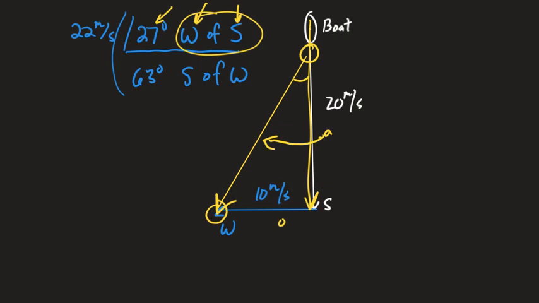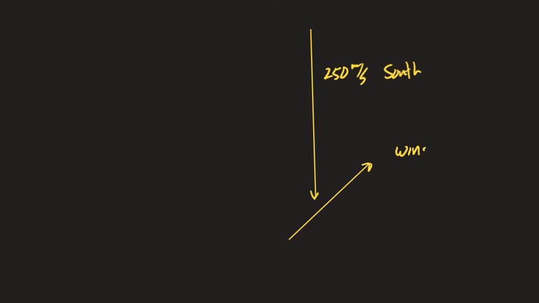Something like a plane traveling at 250 meters per second south, and maybe the wind at 30 degrees north of east at 100 meters per second. It's the opposite of the two. Yeah, it's an acute angle.